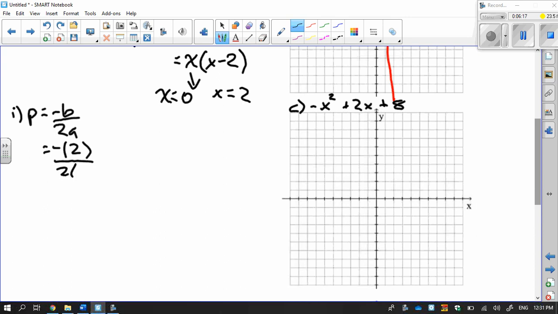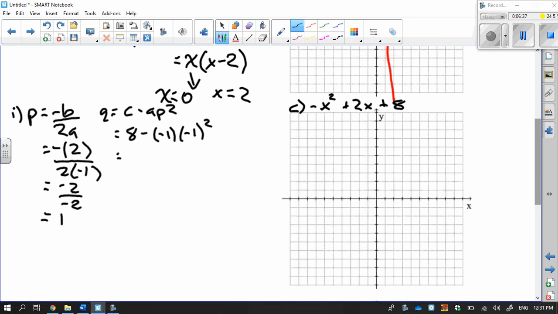Plug this into Q. Q is equal to c minus a P squared, which is 8 minus -1 multiplied by 1 squared. That is 8 minus -1, which gives us +1, so 8 plus 1 is equal to 9. So we have our vertex point at 1, 9. Plot that.